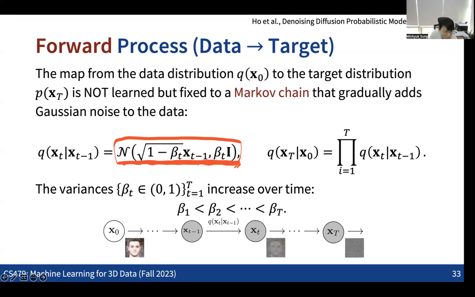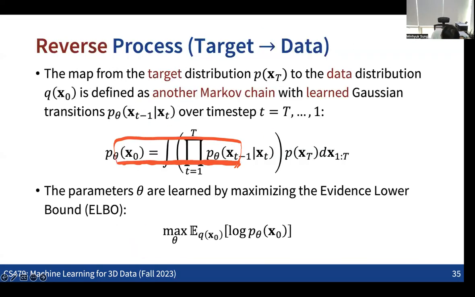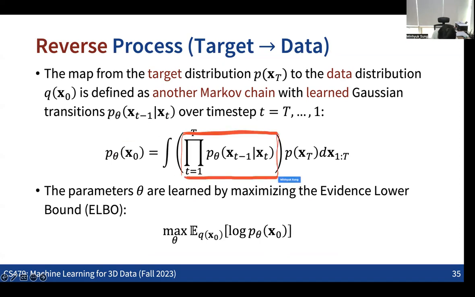And the second question is: when you have this fixed forward process, how can we learn the parameters for the reverse process? These are the two main questions that we need to think about.